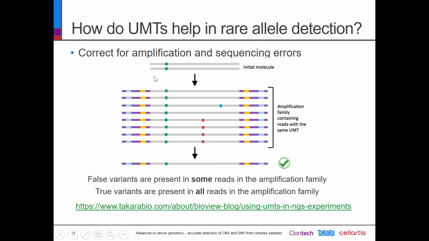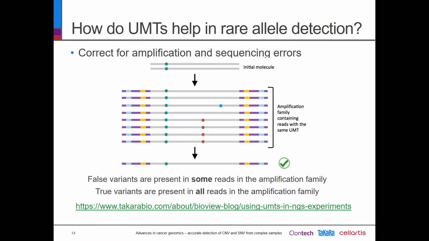For example, on top is the initial mutation that you're looking for in green, and during library prep and amplification, sequencing PCR itself will introduce some little biases, of course, which are depicted here in blue and red.